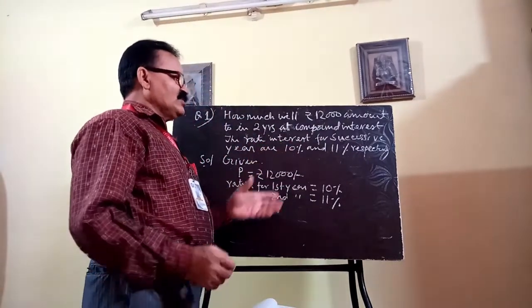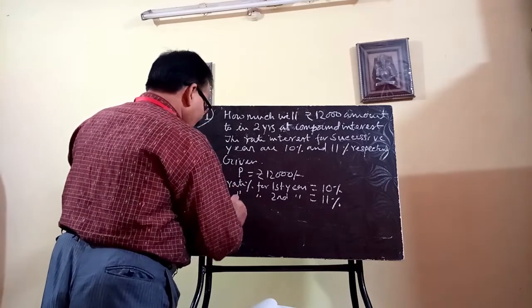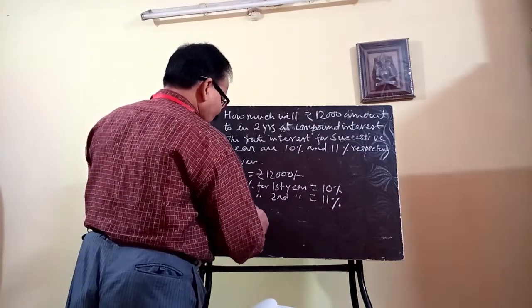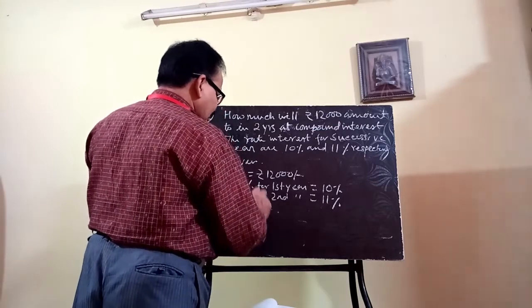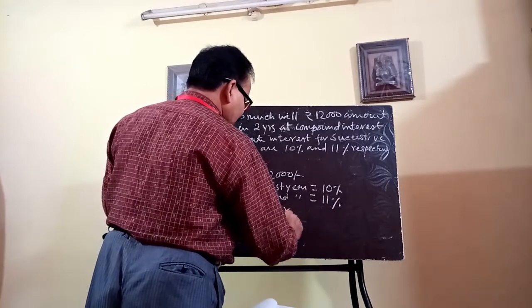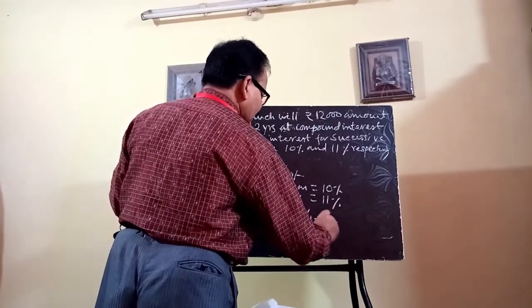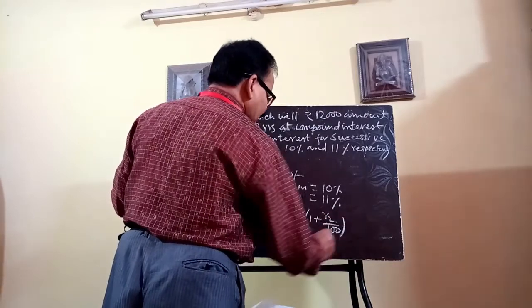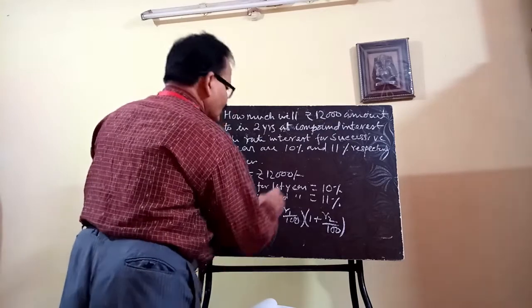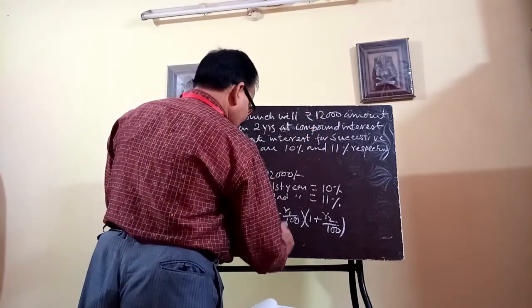That means here you have to calculate the amount only. Therefore, amount at the end of 2 years must be equal to, you have to write the formula P into 1 plus R1 by 100, 1 plus R2 by 100. Only two different rates of interest are given. So P is your rupees 12,000.